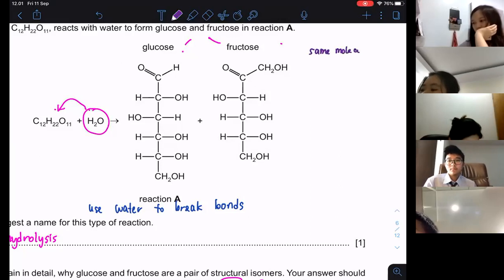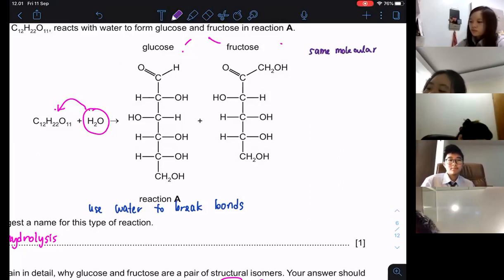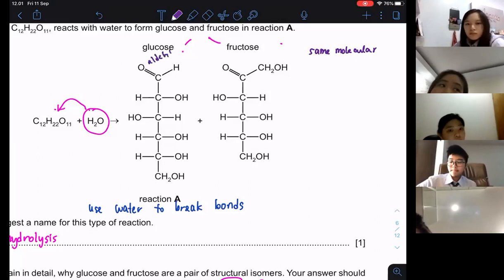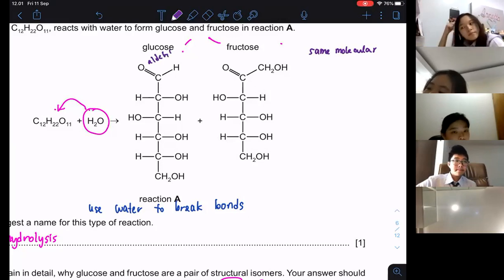They have the same molecular formula but different structure. What I can see over here is the double bond. Here it looks like an aldehyde. But here the double bond came from this carbon to the second carbon. So the C double bond O went to carbon number 2. This is what I can see from the difference directly over here.